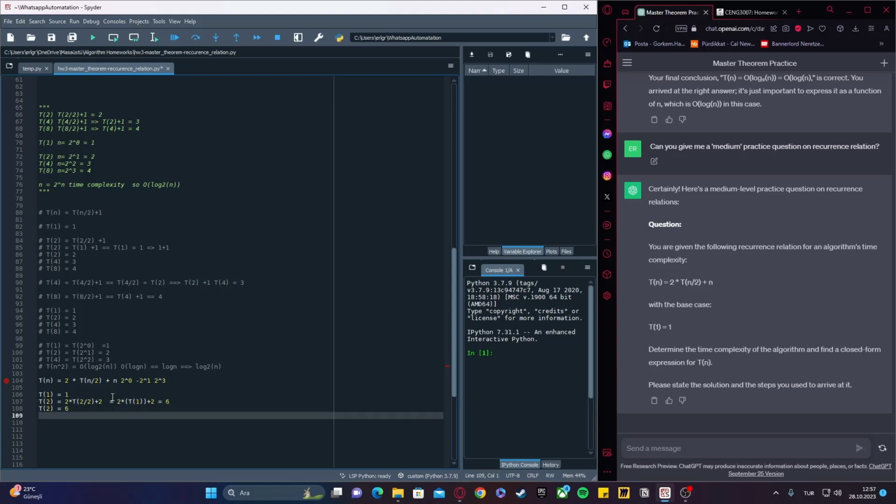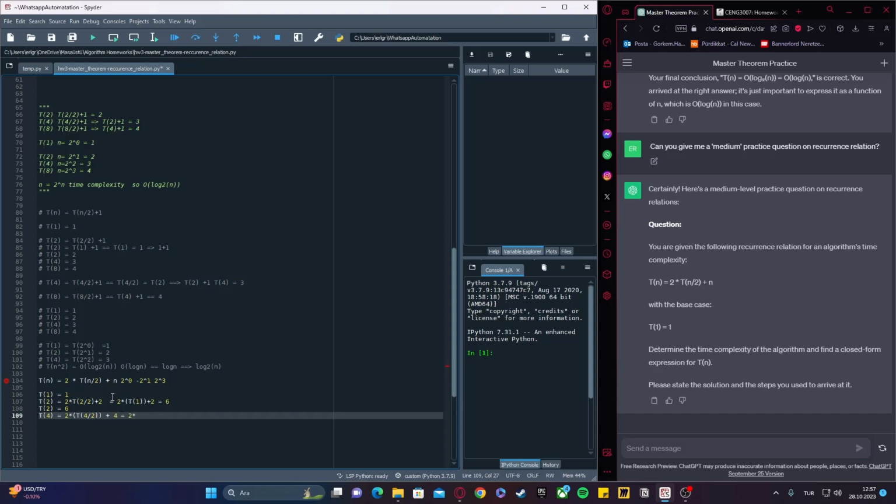And if we go to T(4), it will always be multiplied by 2 times T(4/2) plus n, and in this case n is equal to 4.